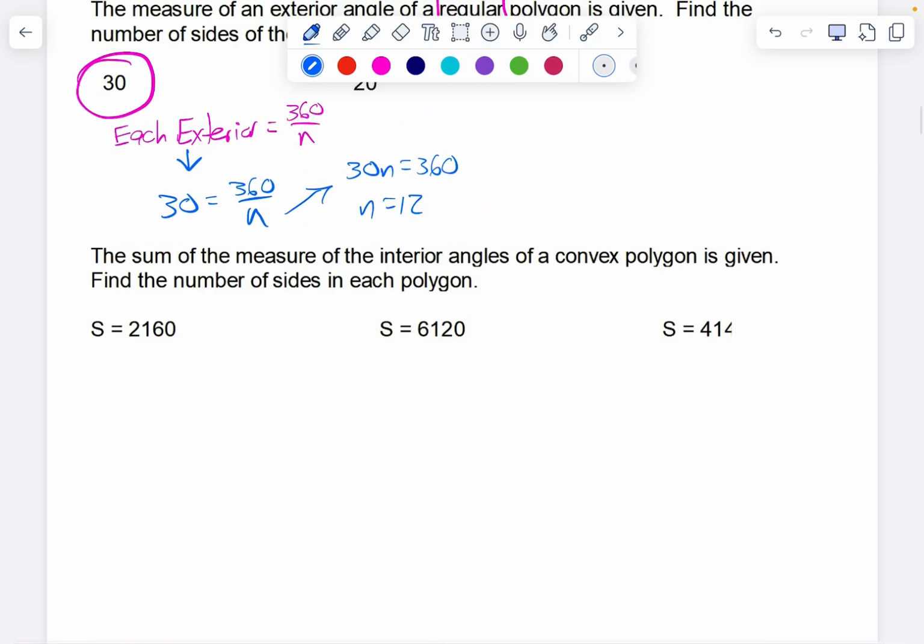Let's do a quick review of this kind. It says the sum of the measure of the interior angles. What is not shown? Actually, never mind, it doesn't need to be. Which formula is this? Let me ask you that. We now have 4, so let's just say 1, 2, 3, or 4.